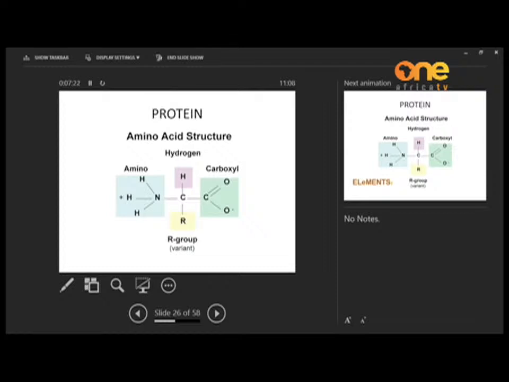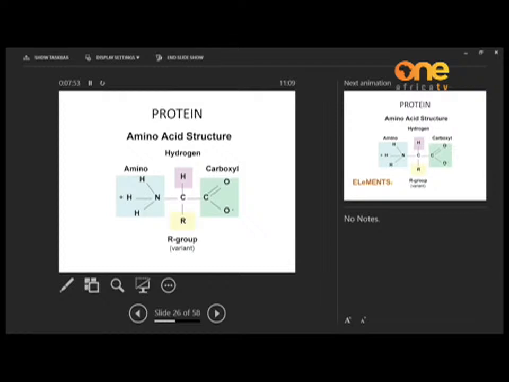When I look at a protein molecule and I want to see the smallest piece of molecule that I can use to build a protein, I have an amino acid. The amino acid is the smallest unit that I can use to build a protein.